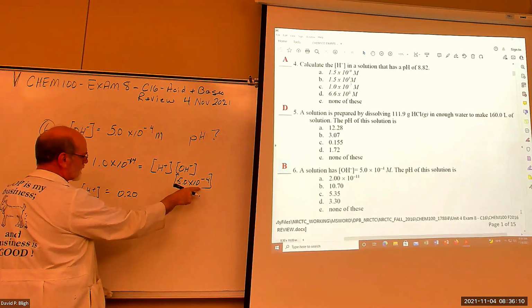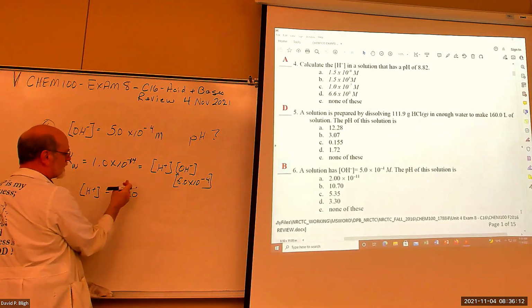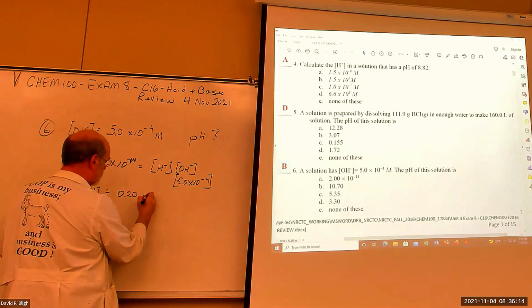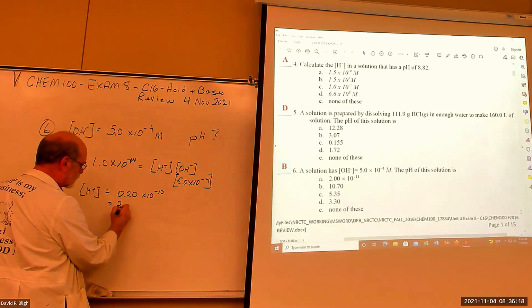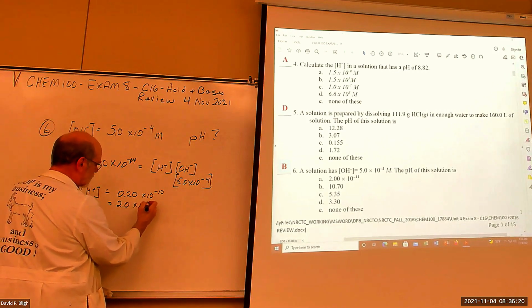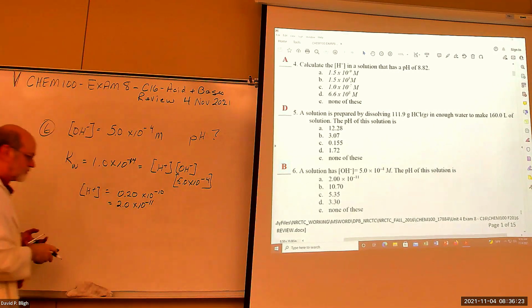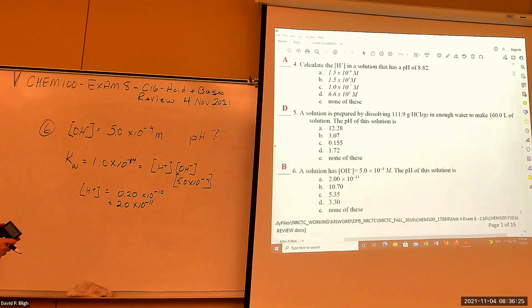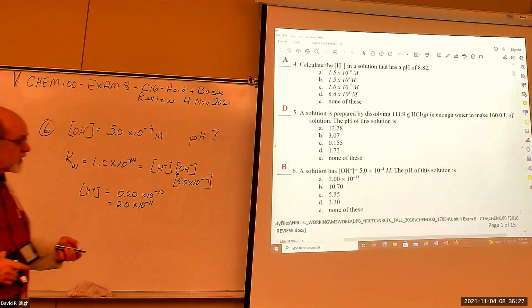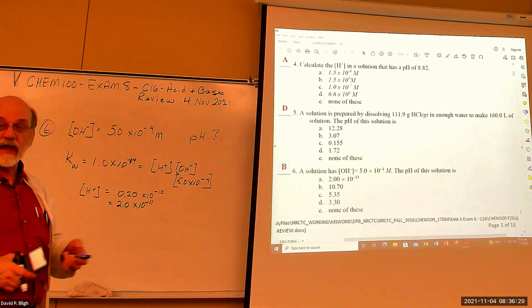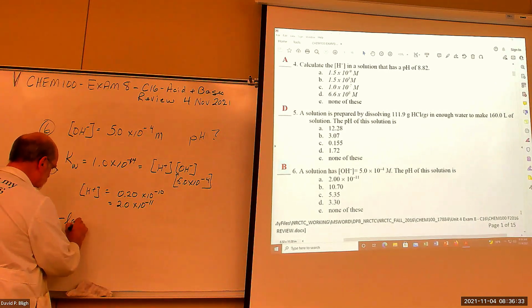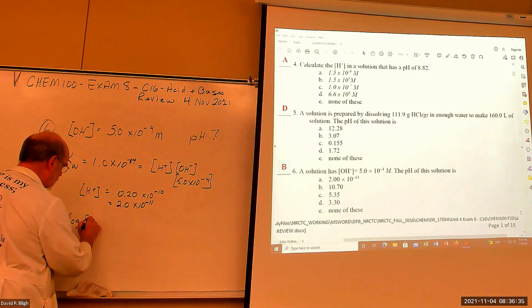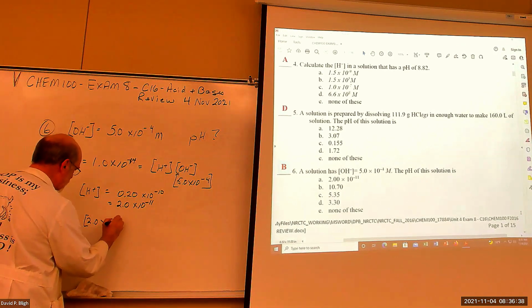And then 10 to the minus 4 divided into 10 to the minus 14 is 10 to the minus 10. That's equal to 2 times 10 to the minus 11. So we know the hydrogen ion concentration. Now we can calculate the pH. We just need the negative log of 2 times 10 to the minus 11.